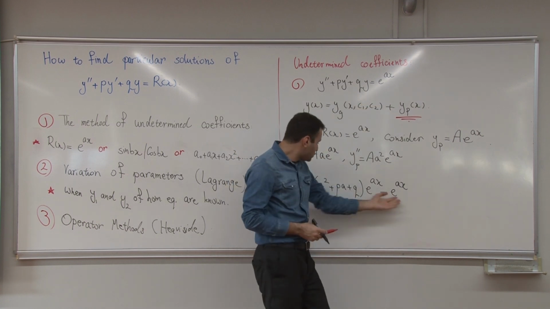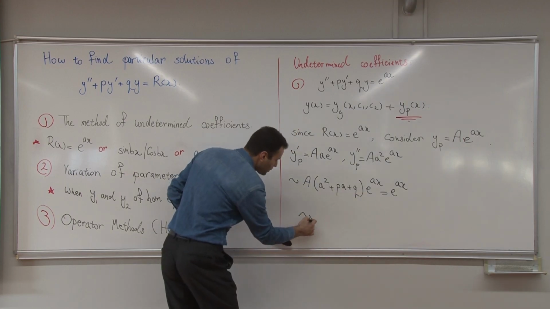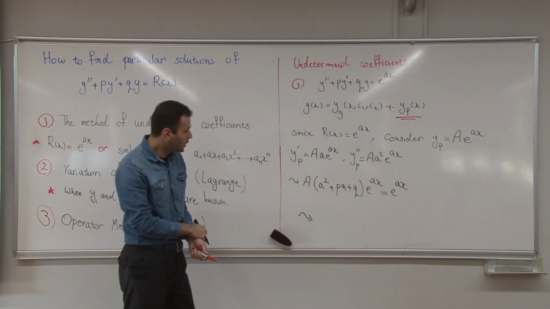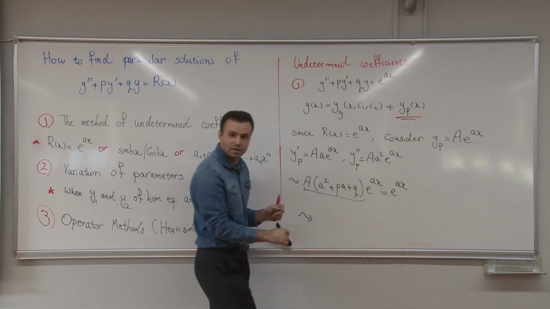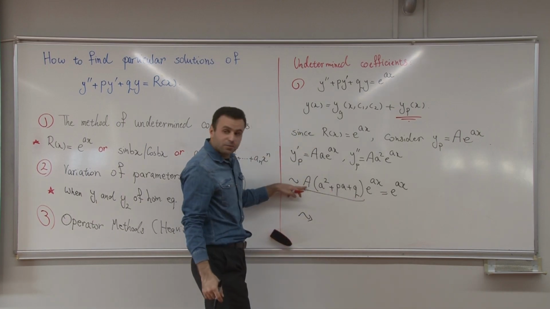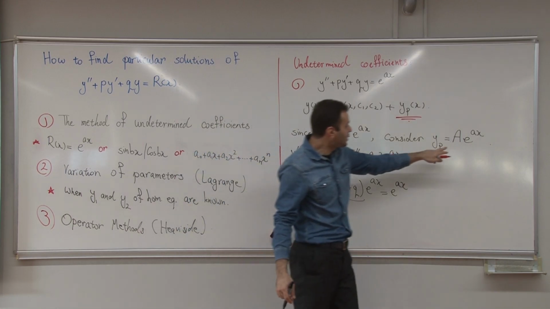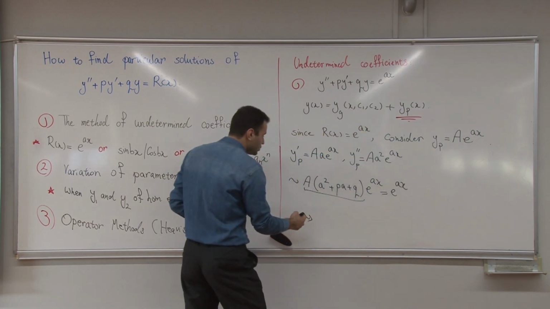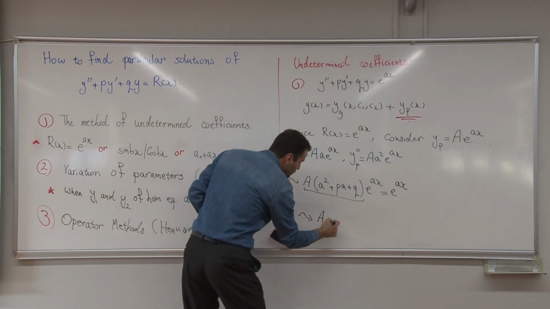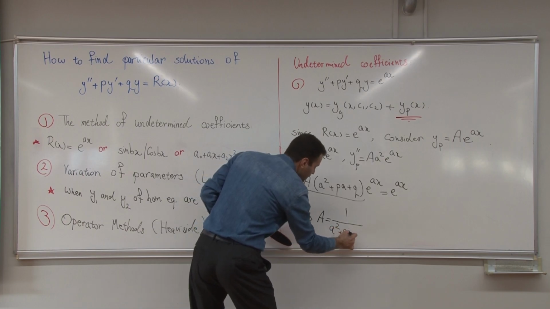If these two are equal to each other, then this whole thing must be equal to 1. And I was looking for A, right? A was my undetermined coefficient that I was going to calculate. So A is going to be equal to 1 divided by a squared plus p a plus q.